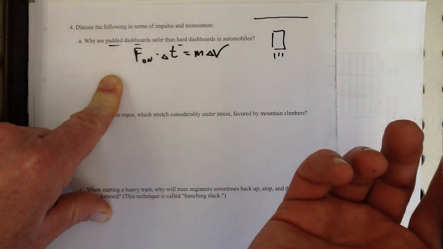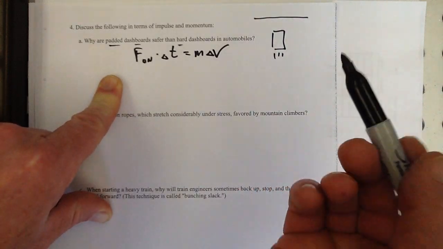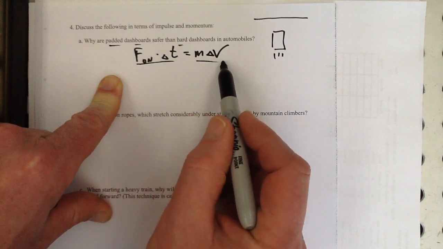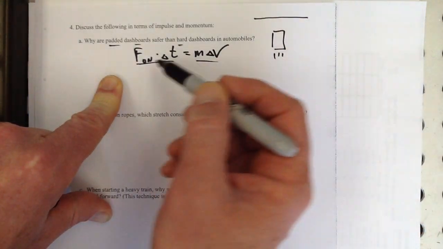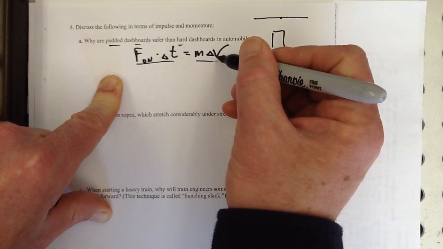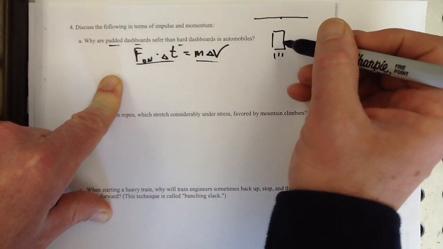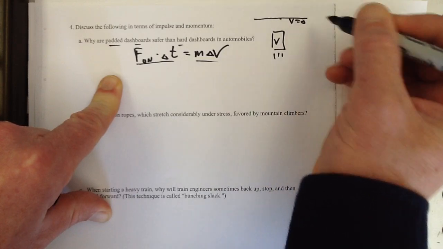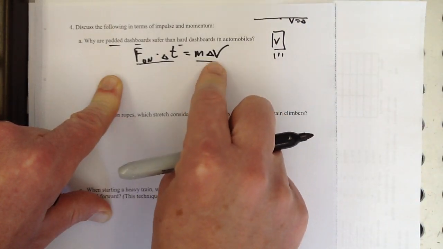If you're in the business of trying to make cars safer, you might be staring at this equation and thinking, okay, what can I change here? If this car crashes into this wall, this change in velocity, it's going to go from however much velocity it has down to 0. And there's nothing you can do to change that.